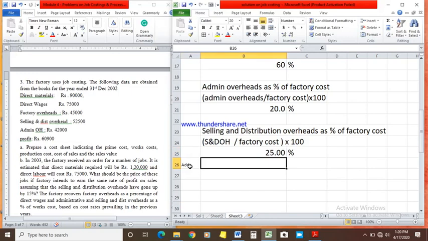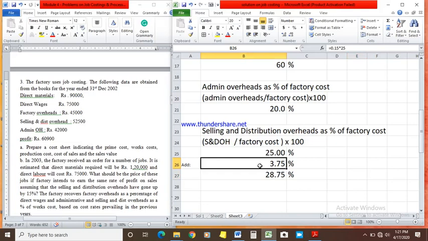It has increased. So if I calculate how much 15% of 25 is, 3.75% more it has increased. Accordingly, the selling and distribution overhead as a percentage of factory cost, when you're calculating for the year 2003, should be the addition of 25% plus 3.75, so it should be around 28.75%.